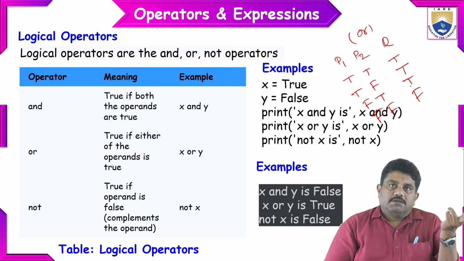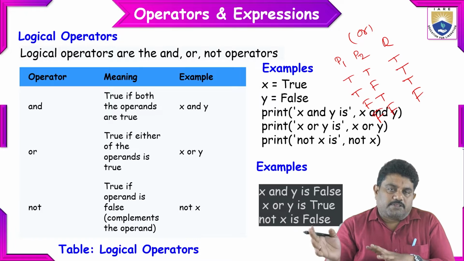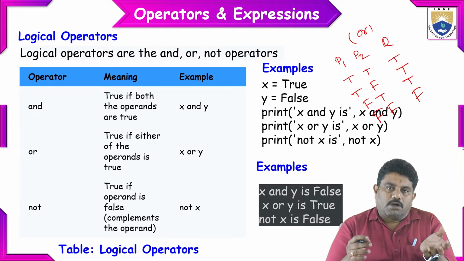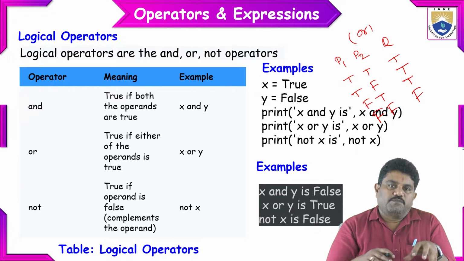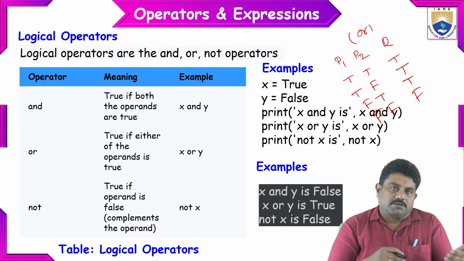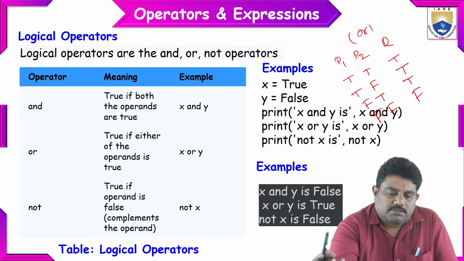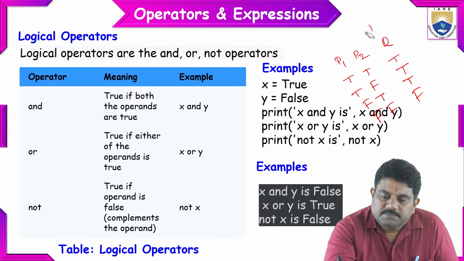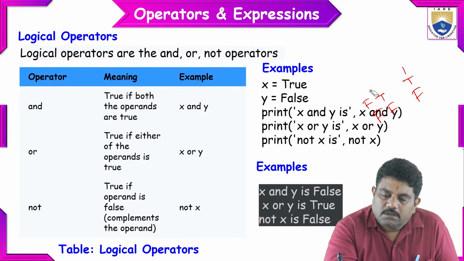If you take AND, if both are true, then the expression becomes true. In our OR case, if both are false, then the expression becomes false, and otherwise it is true. Okay, that is the thing. Now NOT. I will explain.